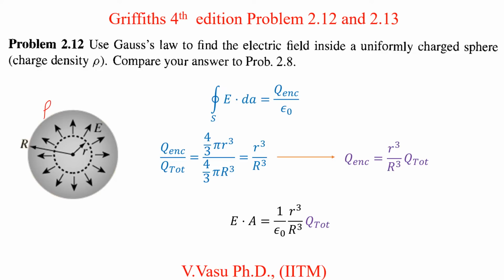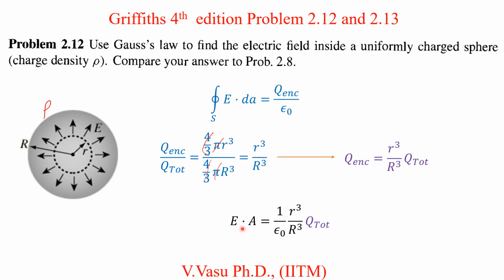The 4 by 3 and pi will get cancelled, so this ratio is small r cube over capital R cube. So the charge enclosed is small r cube over capital R cube multiplied by the total charge. I bring this to the right hand side.